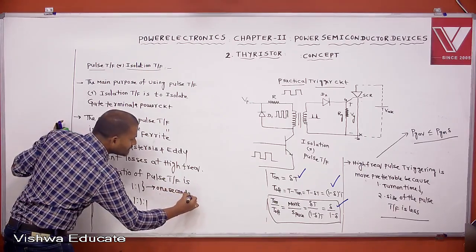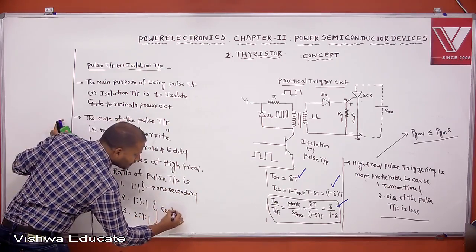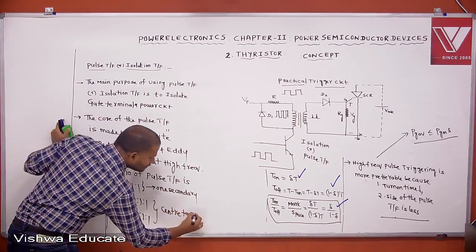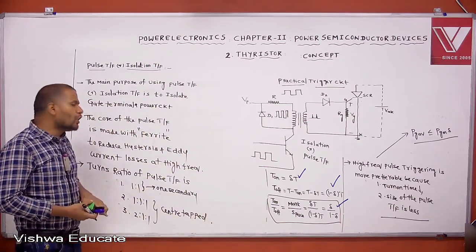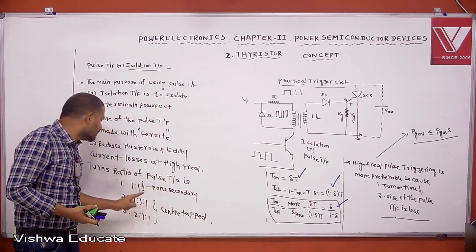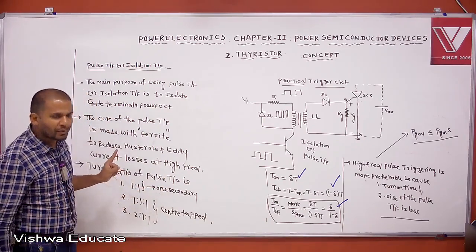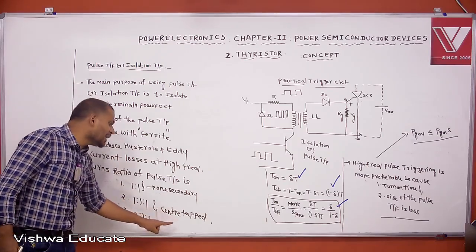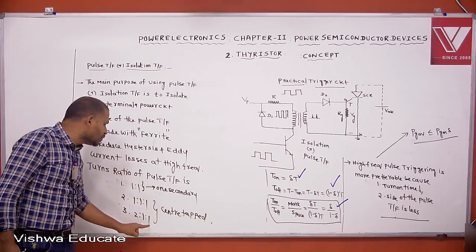The others are with a center tapped arrangement. The turns ratio of the pulse transformer is defined as 1:1 when you have only one secondary, without any center tapped arrangement. If you use a center tapped arrangement at the secondary, we can define 1:1:1 or 2:1:1.